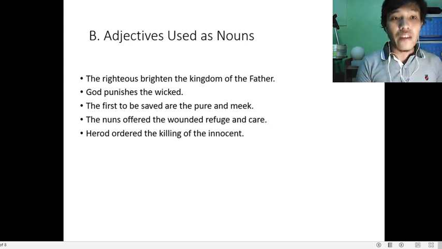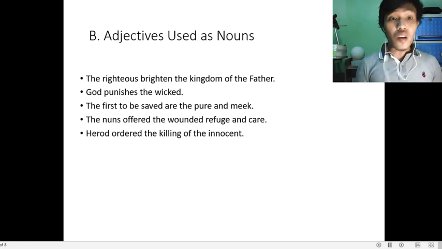We have sentence number 1: The righteous brighten the kingdom of the Father. The second one: God punishes the wicked. Third one: The first to be saved are the pure and meek. The fourth sentence: The nuns offer the wounded refuge and care.